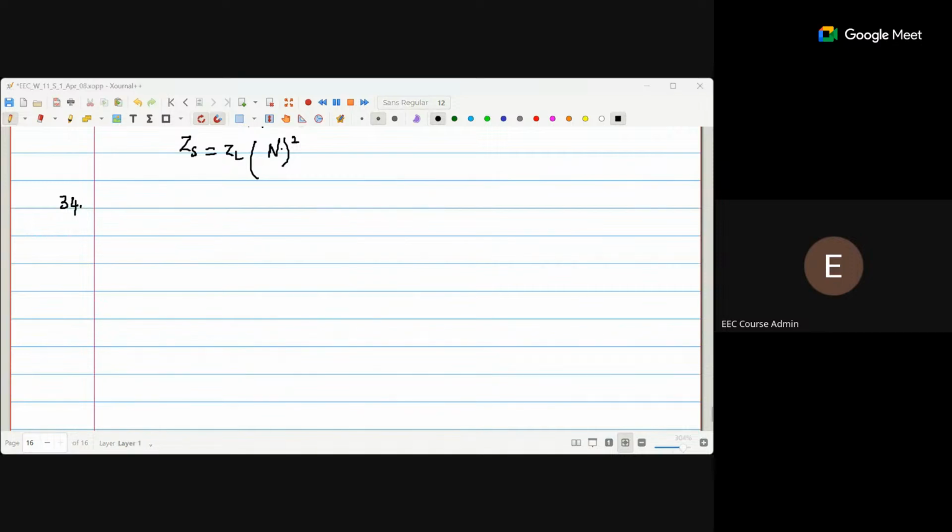Let me just see the circuit. Magnitude of the input impedance seen by the AC source. Okay. First, let me draw the circuit.